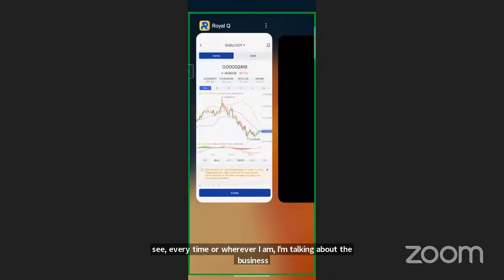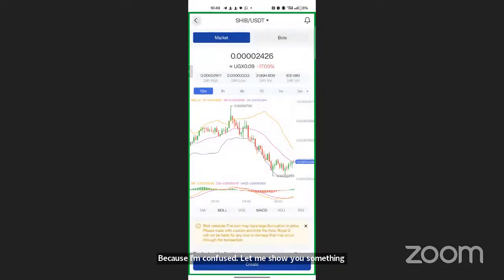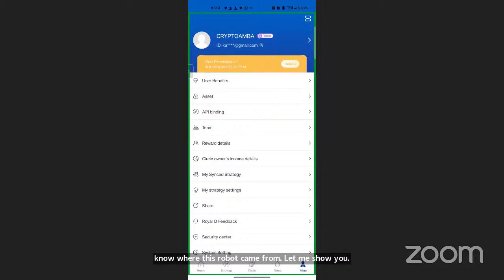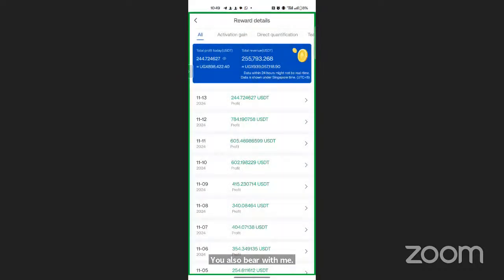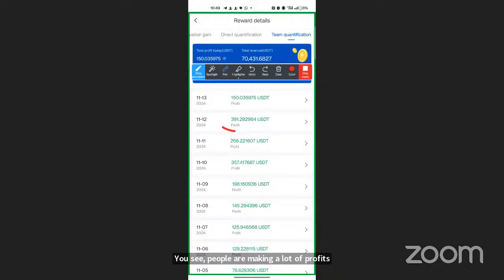Because I'm confused. Let me show you something. I don't know where this robot came from. Let me show you. You will also bear with me. Now things have gone berserk. Imagine, yesterday, the business paid $784. Already in the morning, 240. And this money is coming from trading. You see, people are making a lot of profits. You see, only yesterday, people traded.